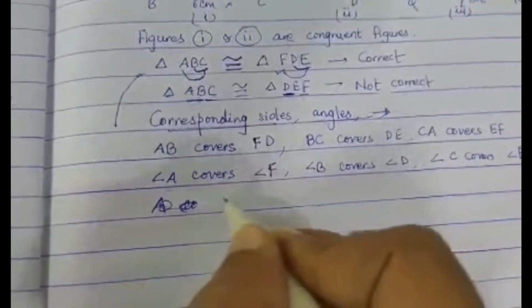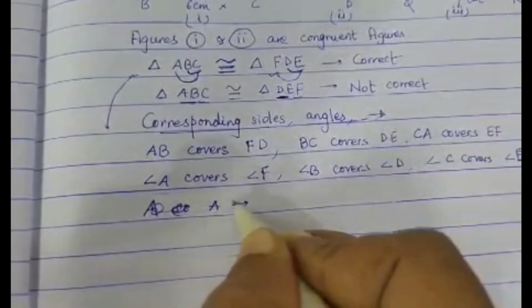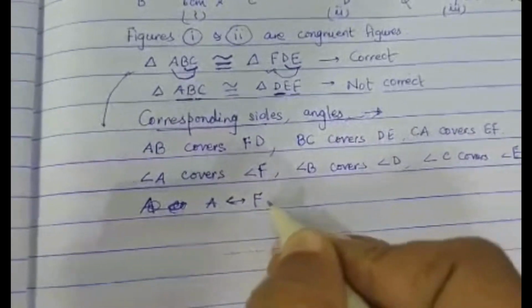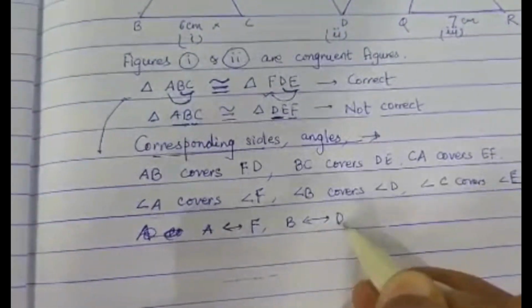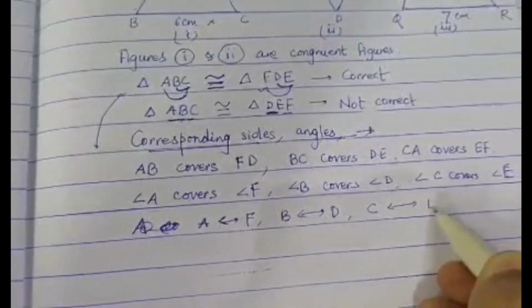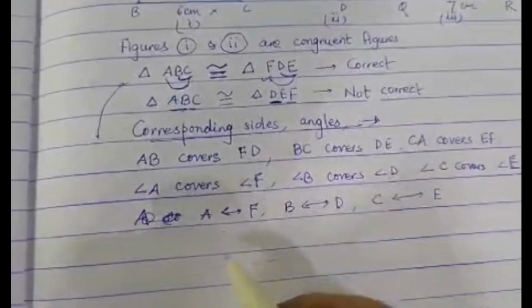For vertices we write that A corresponds to F, B corresponds to D, and C corresponds to E. Like this we write for vertices.